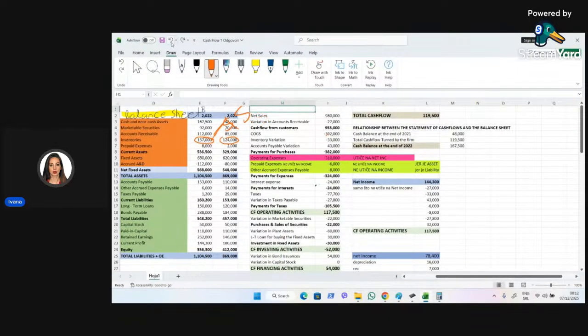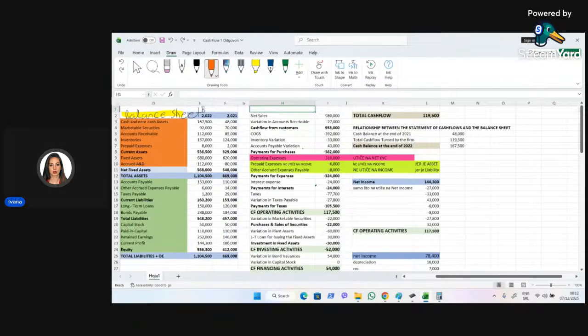We bought more material, more goods. So we bought more things and the money is gone. That's why it's negative.